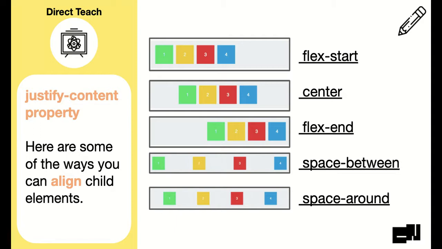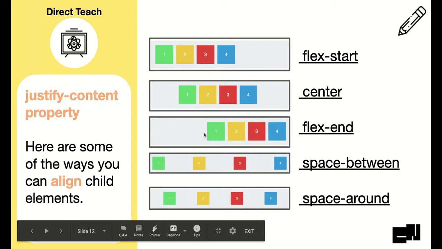You can say justify content start, and I guess that's already the default. You could do center. You could do flex end, and it pushes everything to the right. You could do space between, and then space around. Notice that these are pretty similar, and you can kind of see the subtle differences.